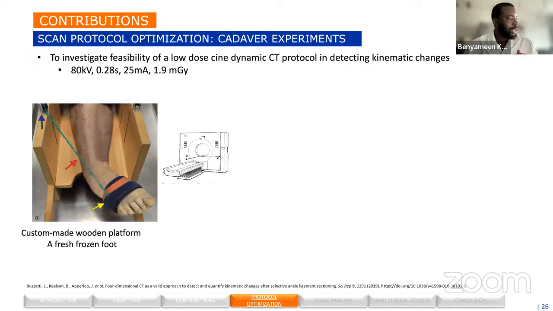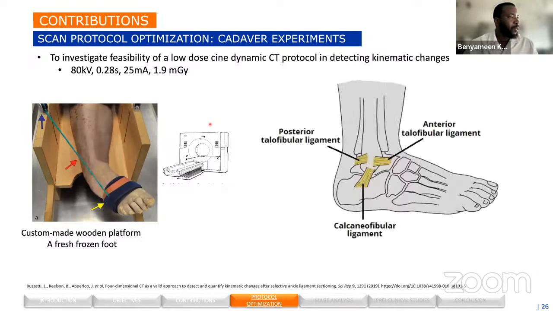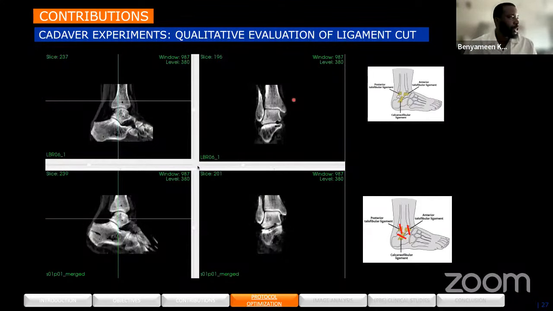So we had the ankle placed in this custom-made device that allowed us to simulate flexion extension motion. And then we tried to see the implication of cutting some ligaments sequentially in this cadaver. First of all, we scanned it when the ligaments were intact, and then we cut, and then we did the dynamic scans again. And sequentially, we increasingly cut these ligaments and saw what the implications are on the motion of the joint.